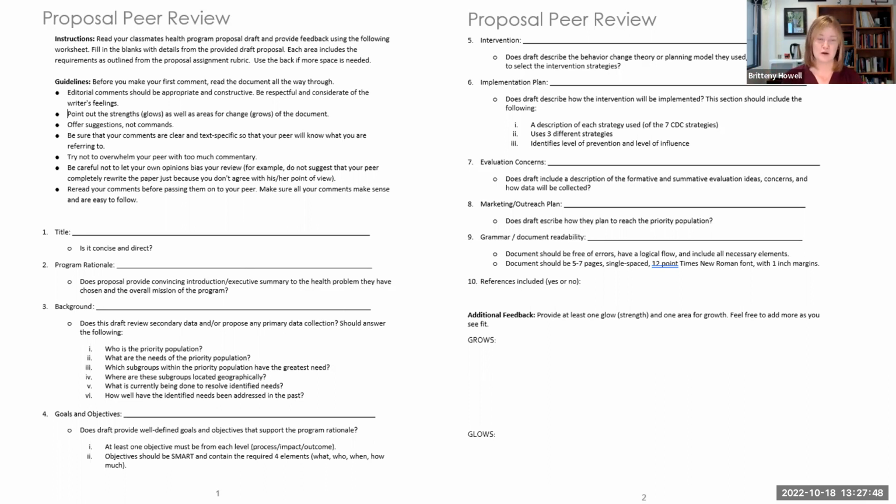But one thing I really want to point out is not just that I give them instructions and that they're grading each other on these 10 criterion, but at the bottom, when we talk about the things that worked and the things that didn't work, I like to pose them in terms of, here are ways you can grow as a writer, as a student redoing this assignment, and these are things that glowed about your assignment, right?